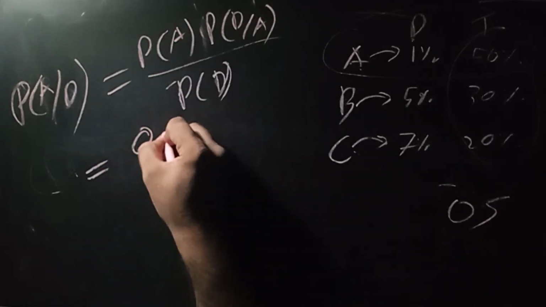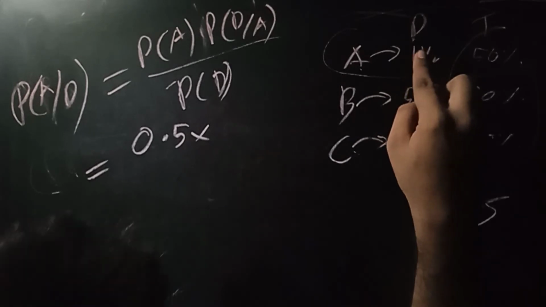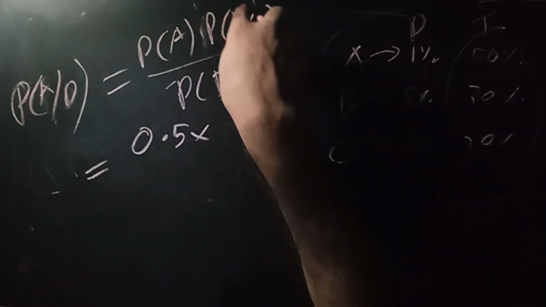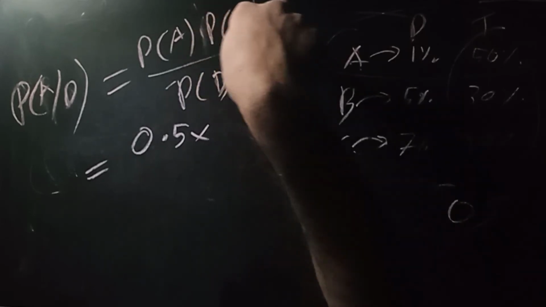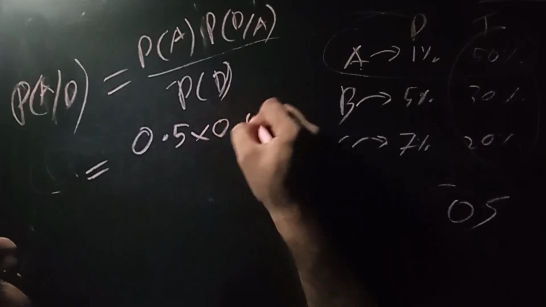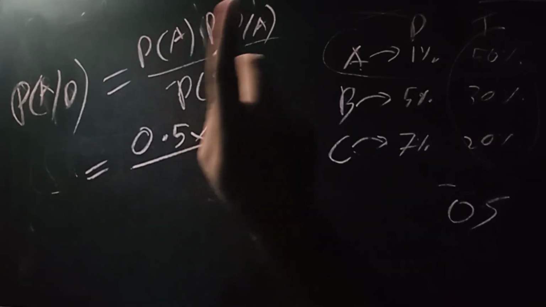So probability of A is 0.5 into, it produces defective only 1% of the time, that is probability of defective when A is the sample space, so into 0.01, divided by total probability of defective happening.